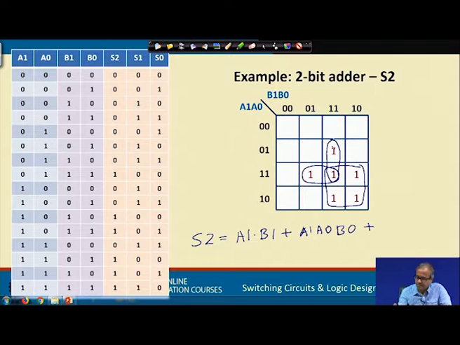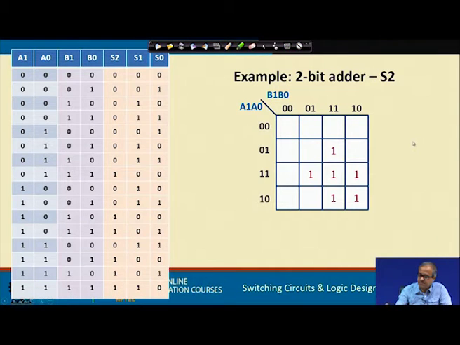Or this one, 0 1 1 1 is A0 B1 B0. This is the function minimized form, this is the expression for S2, right.